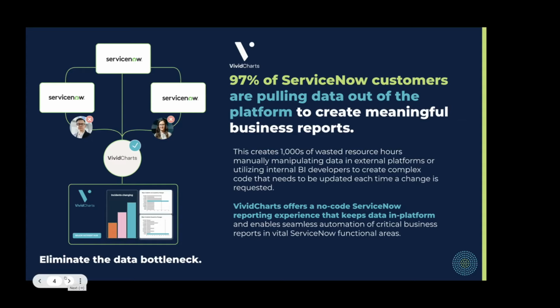Do you want to elaborate on that, Rob? Yeah, from the data architecture point of view that we're going to spend more time on today, the interesting part from a customer standpoint is that most of the time when we're pulling data out of the ServiceNow platform, we're going to an unstructured environment, like Microsoft Excel or PowerPoint, or in other cases, we're going to a data warehouse where we actually have to restructure the data that's already structured in the way that matches our processes in the ServiceNow platform.